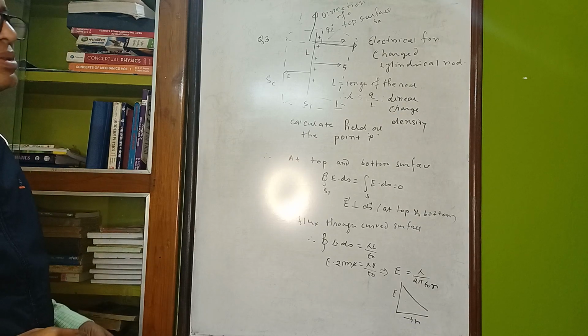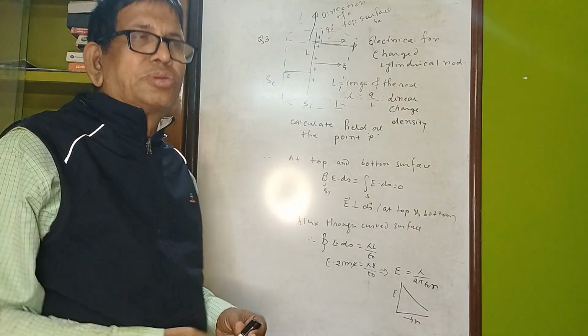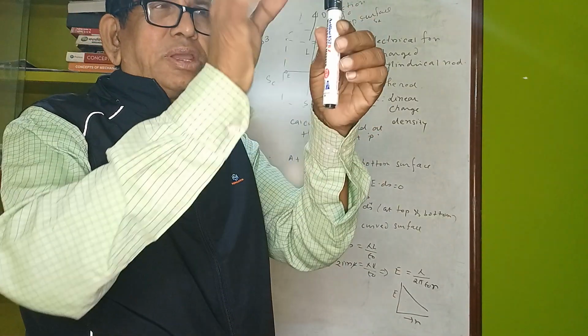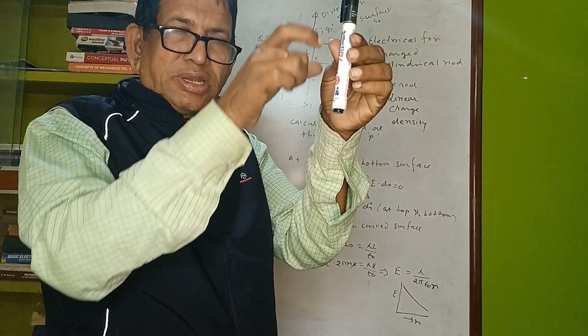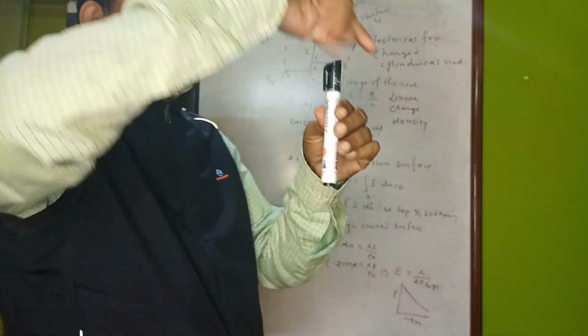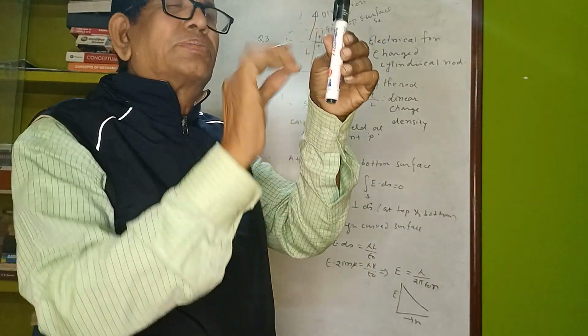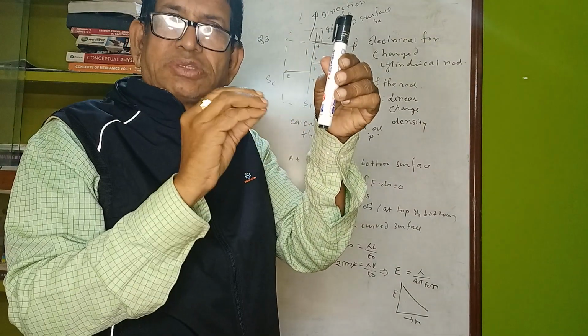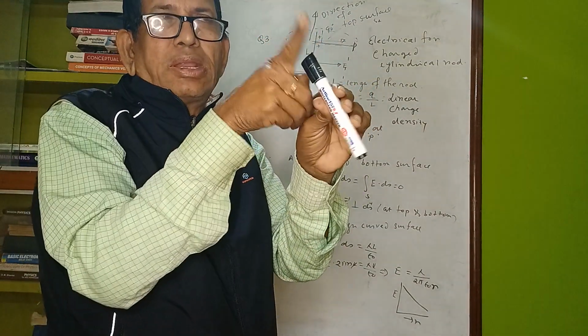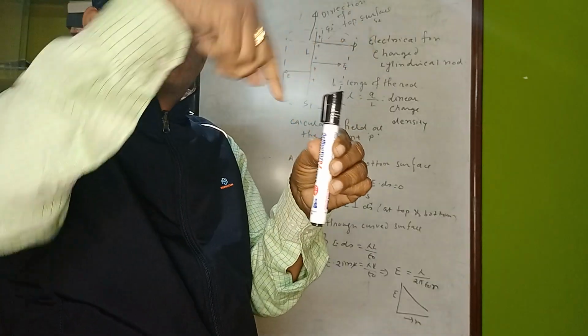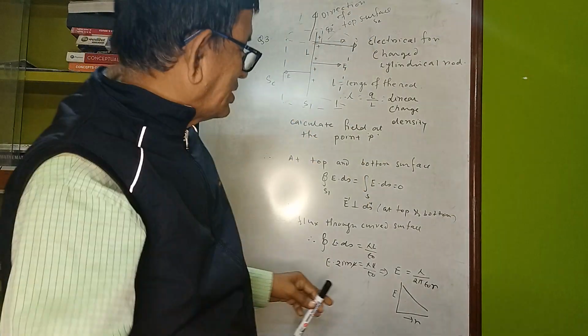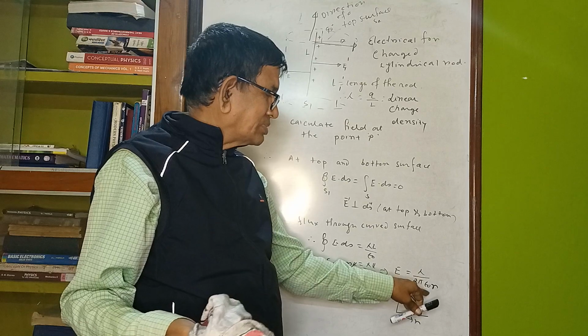That is one of the applications. So in this application, a charged rod is there, with positive charge, then you consider a cylindrical Gaussian surface. After that you consider the top surface and the bottom surface. In both cases flux is 0 because E and the normal are at 90 degrees. So only consider flux through the curved surface. We get E equal to lambda by 2 pi epsilon naught R.